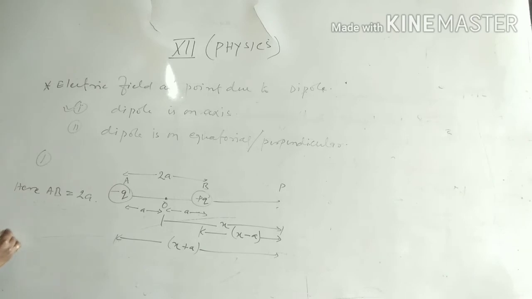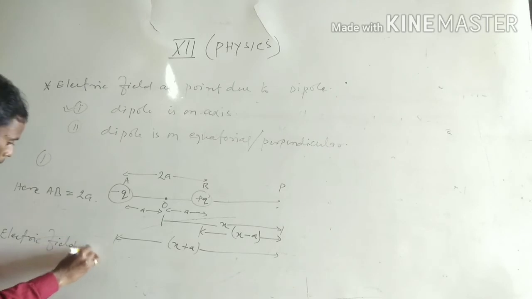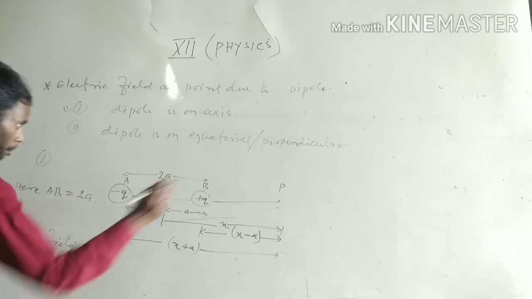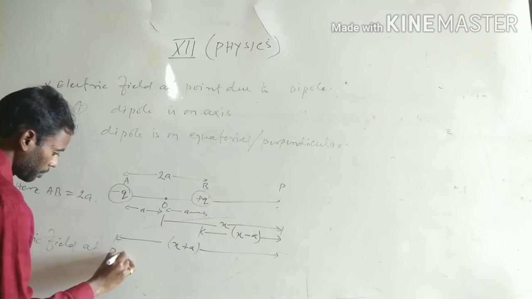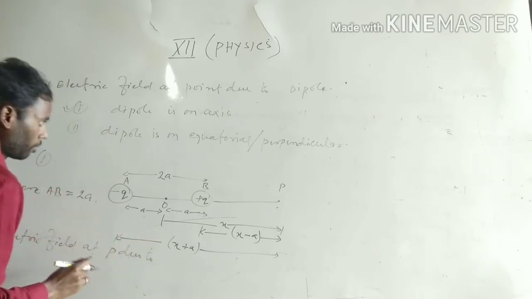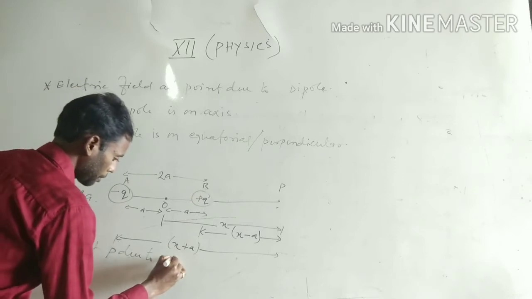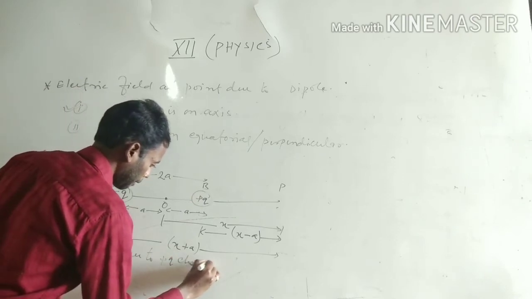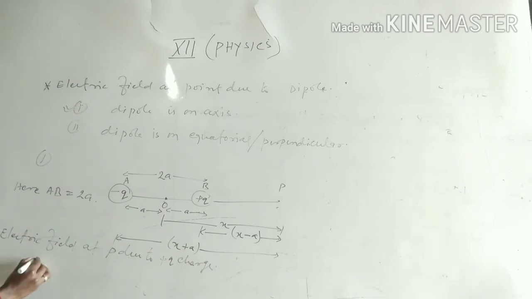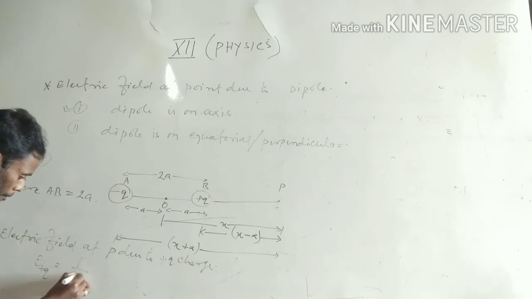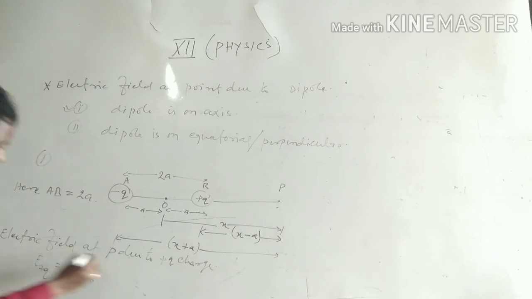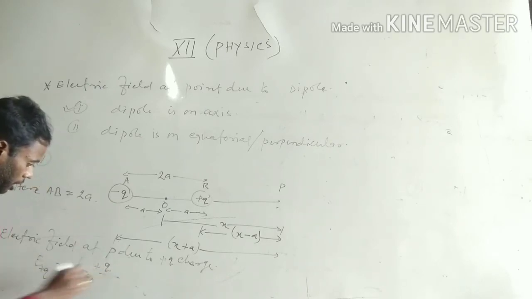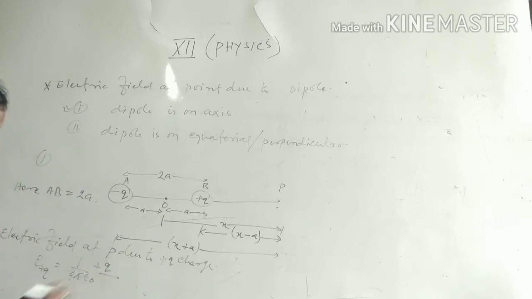We have to find the electric field at P due to the plus Q charge. That means our electric field due to plus Q charge is given by the formula of the electric field, 1 by 4 pi epsilon naught Q, here it is plus Q, divided by the distance.